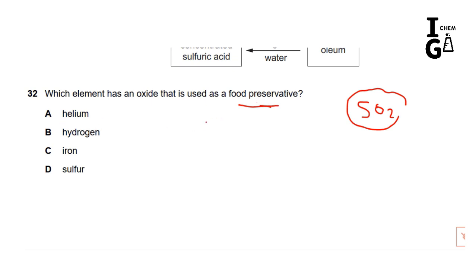So what forms sulfur dioxide? Of course, this is not helium, not hydrogen, not iron. Actually, it's sulfur. Sulfur is oxidized to make sulfur dioxide, which is used in the right quantity, a small quantity, in food preservatives.